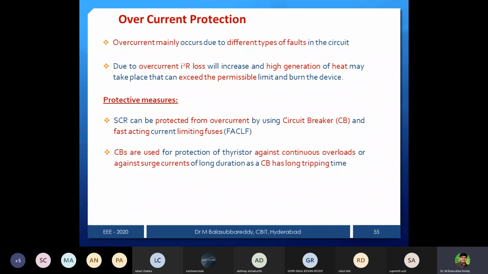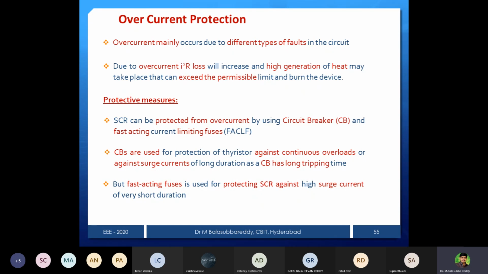Circuit breakers are used for protection of the thyristor against continuous overloads or against surge currents of long duration, as a circuit breaker has a long tripping time. So whenever the currents are high, we can use the circuit breaker to trip that system. But fast acting fuses are used because the circuit breaker time is also important.